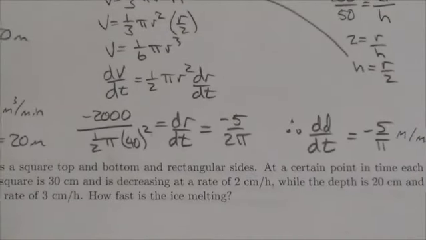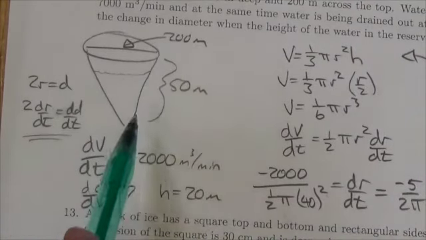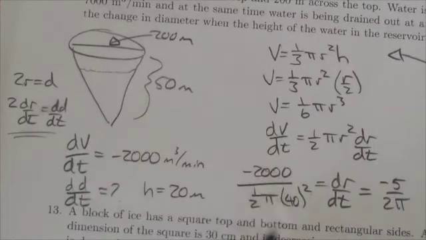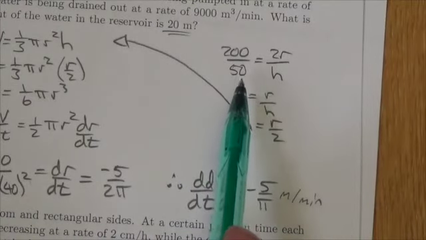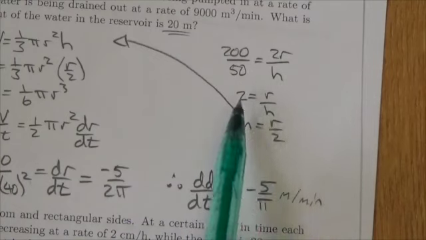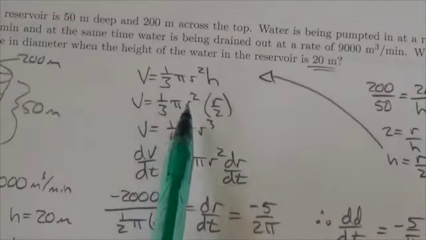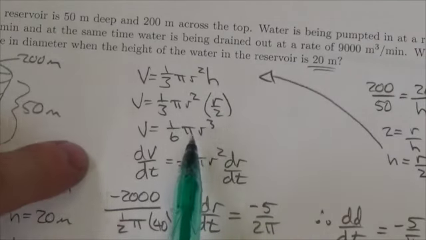I hope that made sense. Let's walk through this one real quickly again. I'm given the dimensions. The dimensions allow me to make a connection between the radius and the height because of similar triangles. The proportion of diameter to height allows me to make that substitution, which I can substitute into this expression for volume. I do that to simplify it.